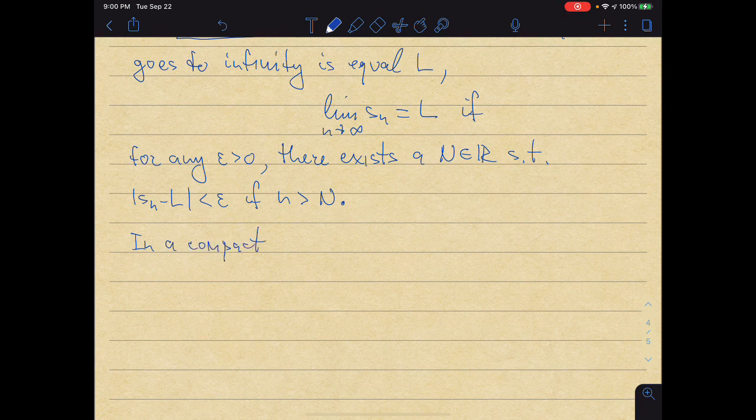In a compact form, I can write the same statement. And I'm going to use this compact form over and over again because, as I said, we're going to rewrite this definition infinitely many times.